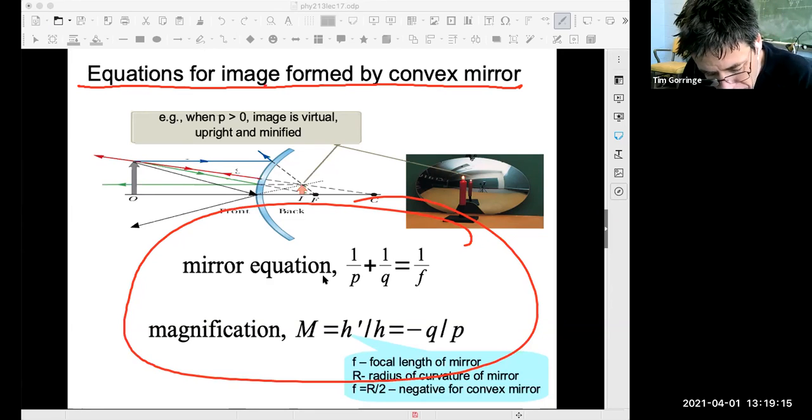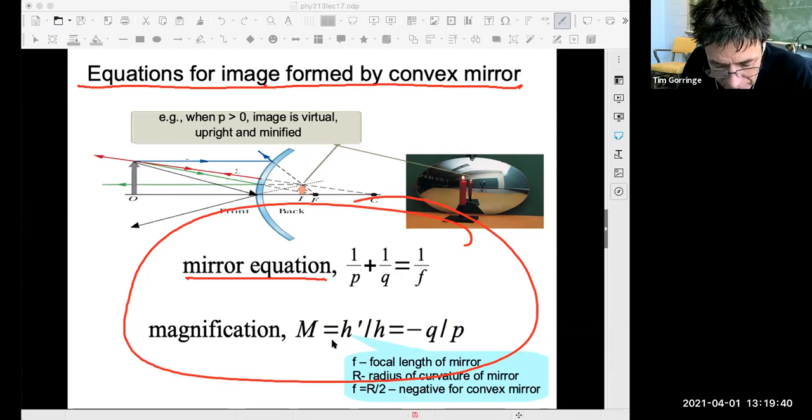So the top equation is again called the mirror equation. It relates the object position and image position to the focal length. And really the difference here is the equation looks the same as for the concave mirror. It is the same, but the focal length will be negative here instead of positive as in the concave mirror. And so that's what gives different results.